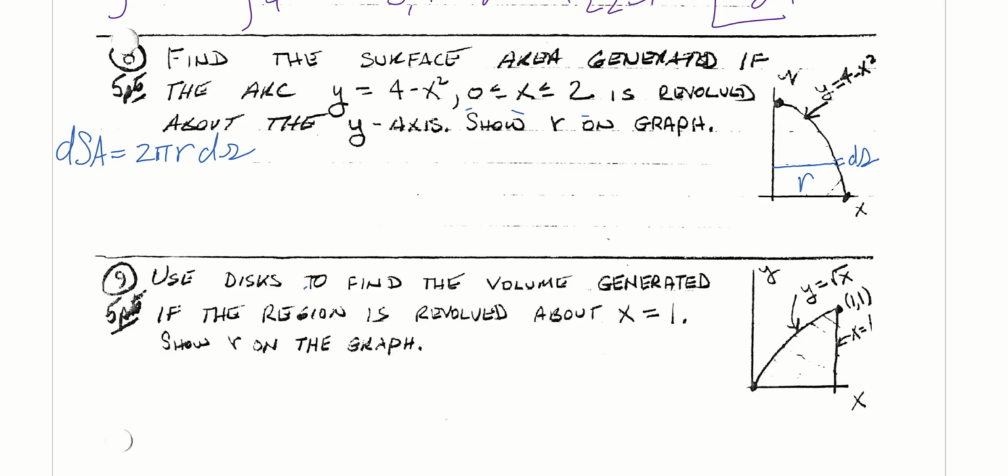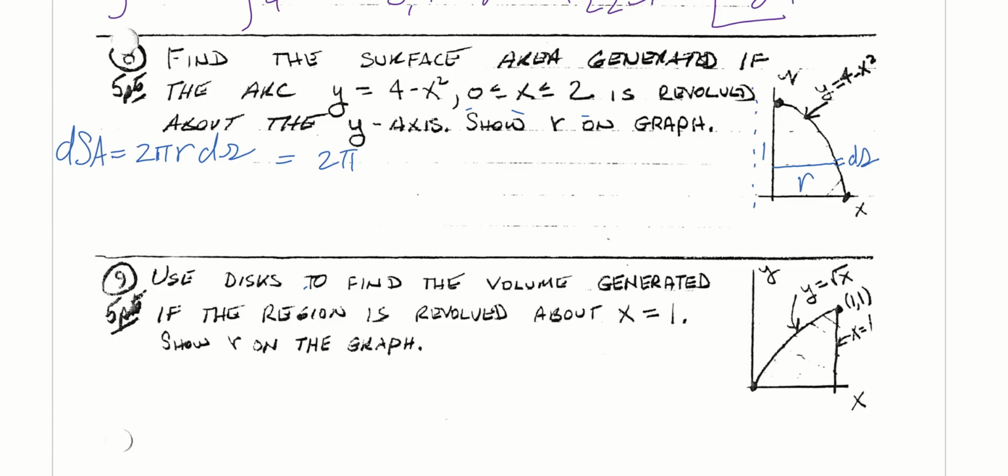So that means that this ds, so it'll be 2 pi, our r, again, that'll be x, because it's going to be the distance from our y-axis or axis of rotation. And remember, your axis of rotation can be something that's not a y or x axis. So if the axis is over here, you need to account for that distance, wherever it is.